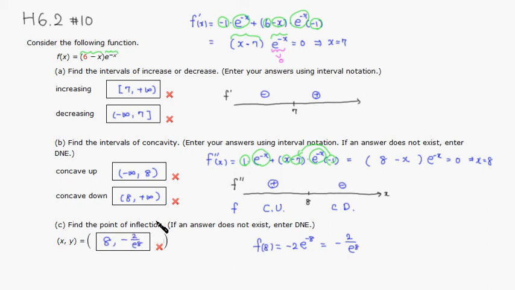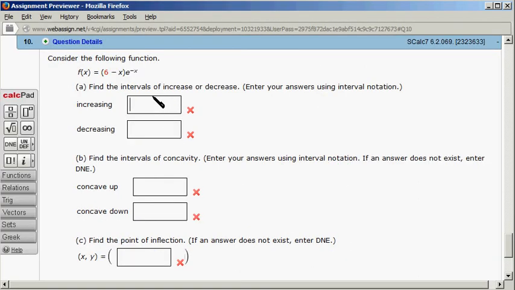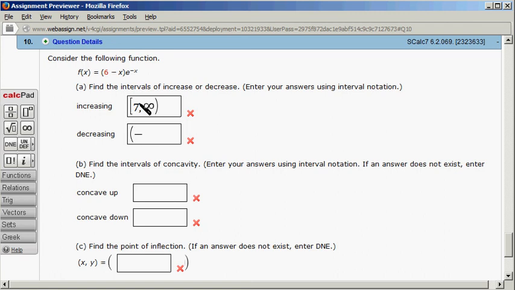All right, so let's type these in. We found that it's increasing on 7 to infinity, and decreasing on negative infinity to 7.